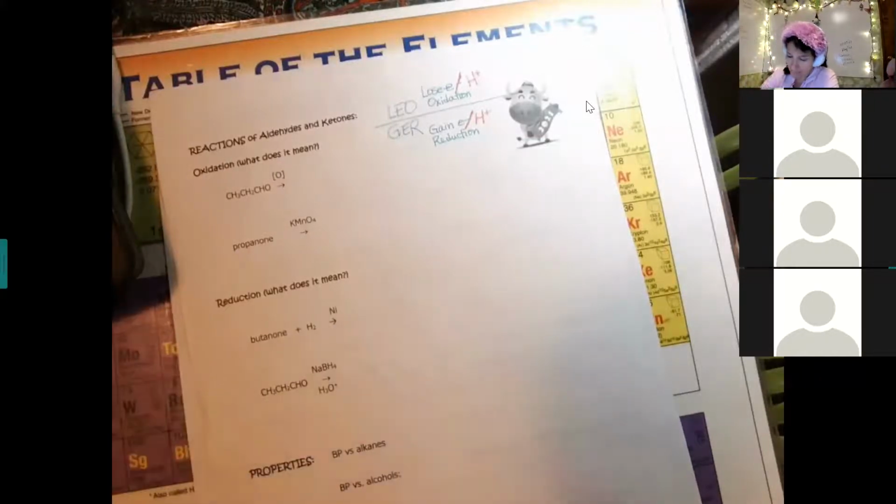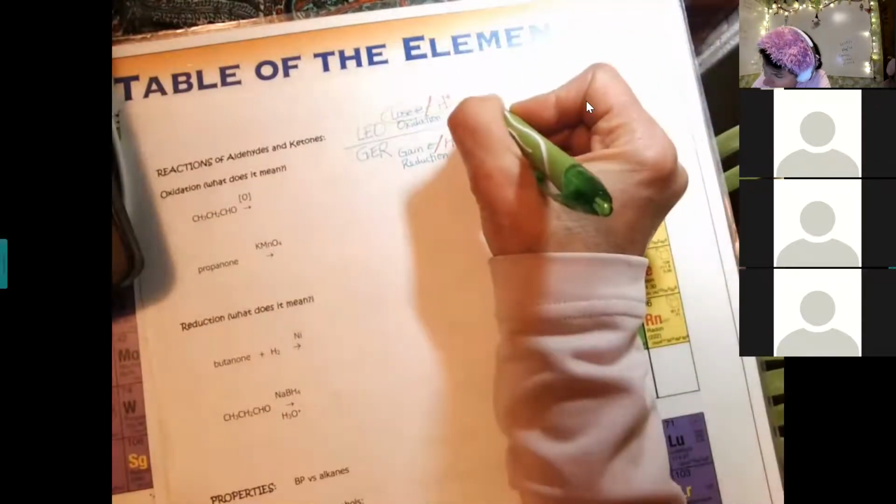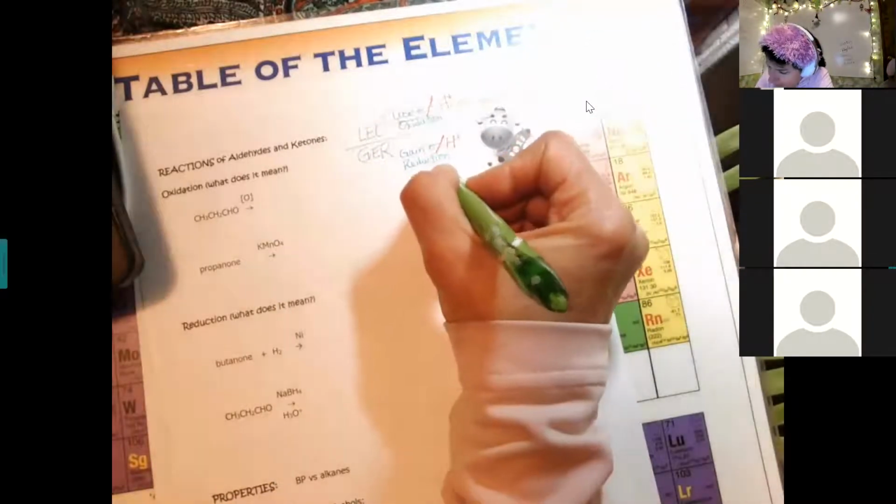When we did this with the alcohols, we did oxidation. There's an or. So you're either going to lose electrons and hydrogen, or the true term for oxidation, why it was called oxidation, is that you gain an oxygen. That's all they gain is oxygen, nothing else. Reduction, they lose oxygen.